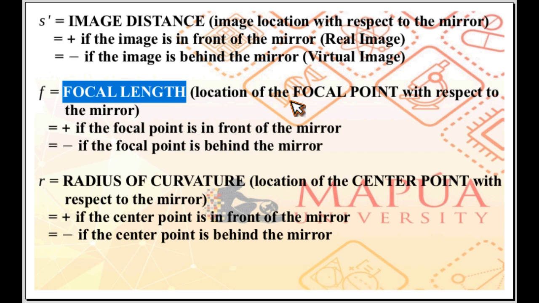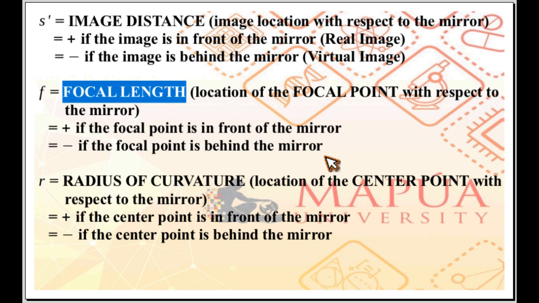And the location of this focal point, that's the focal length. How far is the focal point from the mirror? Where is the focal point located with respect to the mirror? Is the focal point in front of the mirror or is the focal point behind the mirror? F is positive if the focal point is in front of the mirror. F is negative if the focal point is behind the mirror.